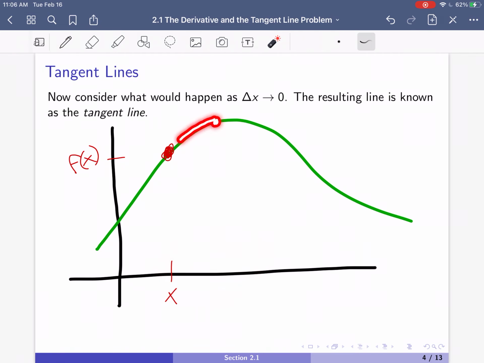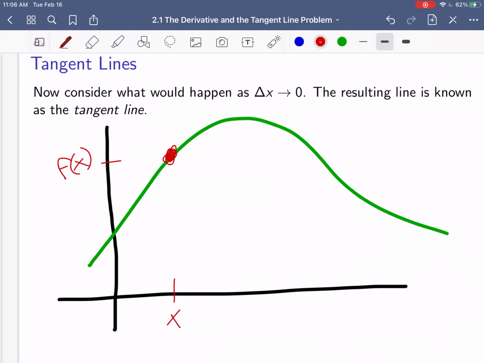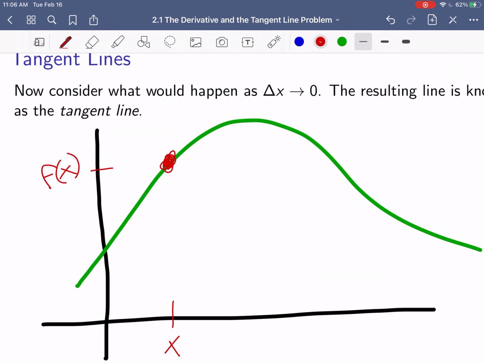The distance between that and the next point is 0. And so we have these lines that are getting closer and closer to the slope at a point. So those secant lines have slopes that are getting closer and closer to a slope at a point. And we have this as our tangent line. So that's the idea of a tangent line.